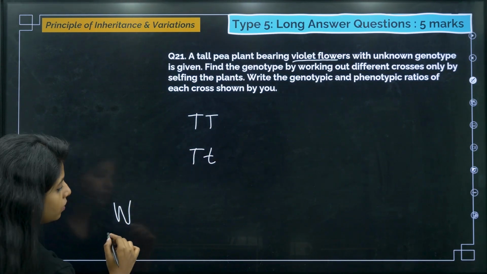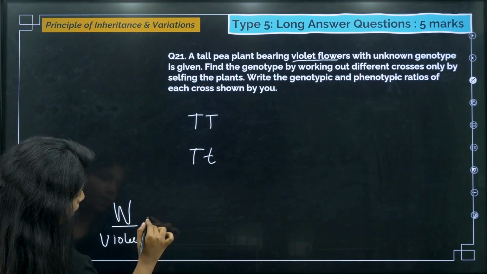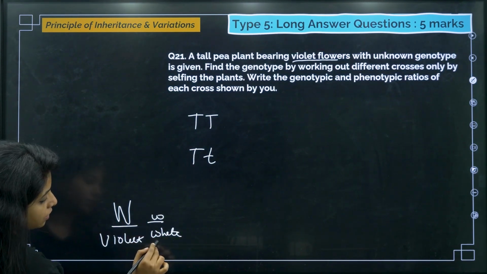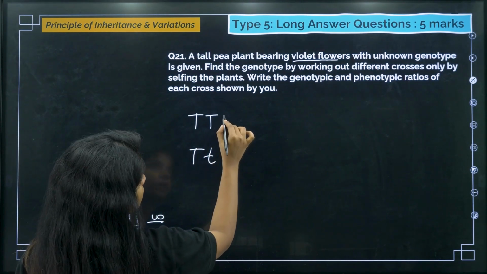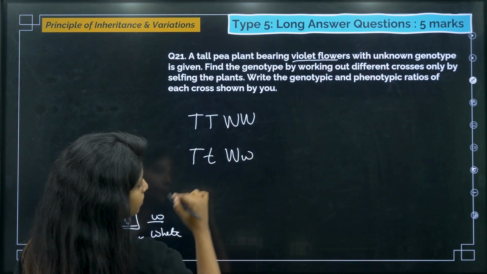Usually that's how you write in genetics. Capital W stands for violet and small w stands for white. So even though white is recessive, you use capital W only. Violet flowers can be like this or like this.